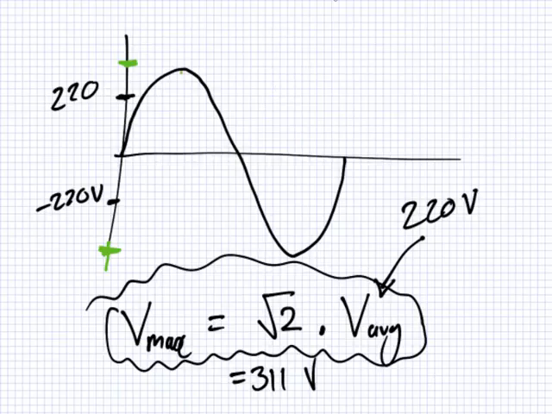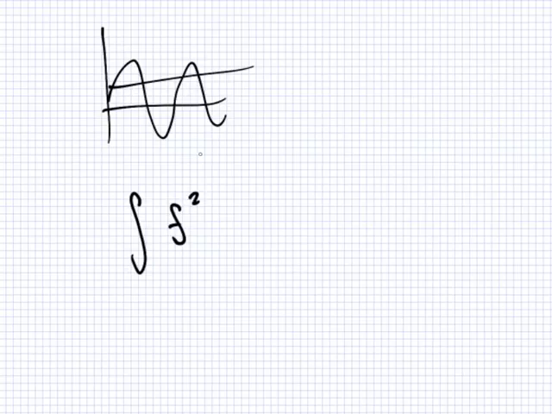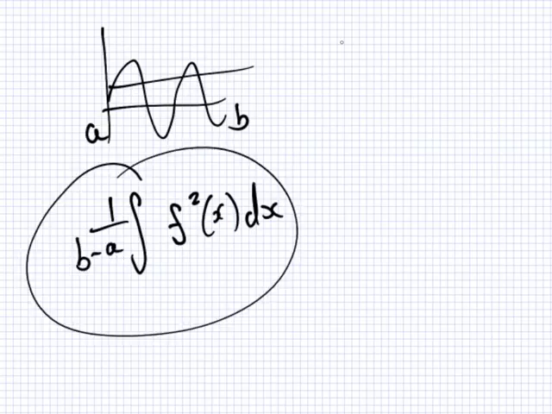The root 2, see KJ, it has to do with integration of sine. We've done integration, and we've done integration of sine squared. This is not on the course, but since you're curious, when you have something in physics which is changing and you want to know what the average value is, one way you could get it is by squaring the function, integrating it, and I think we have, if it starts at A and finishes at B, a 1 over B minus A. So when you do that for your sine graph, that's how you get the root 2 to appear.